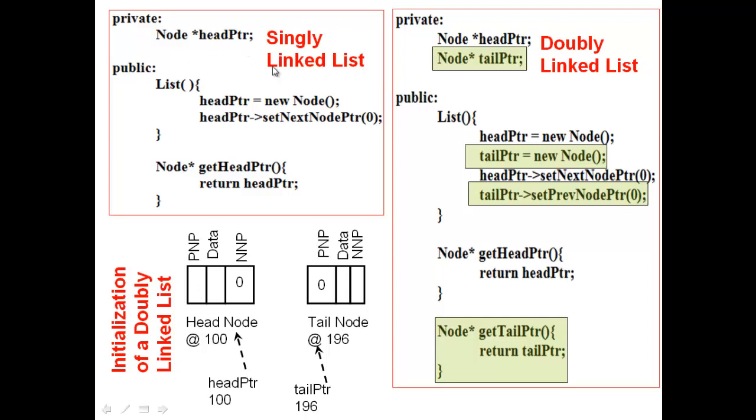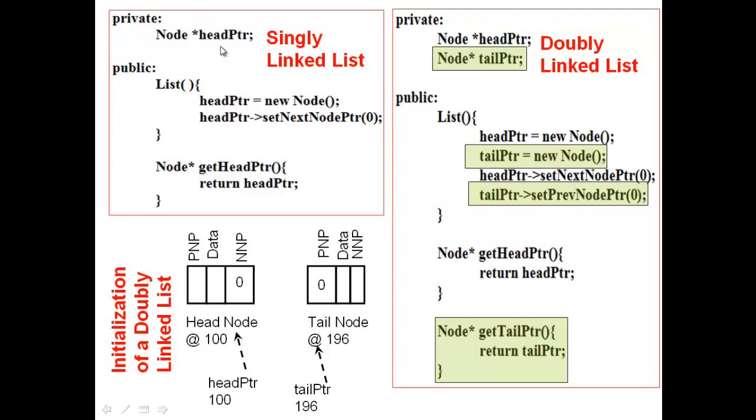Now in a single linked list case, this is how you initialize the list. This is the list class in the case of a single linked list. The only member variable you have in the list class in a single linked list is the head pointer that will store the address of the head node. You declare that using node star head pointer.